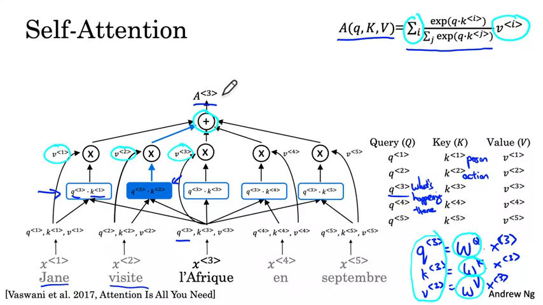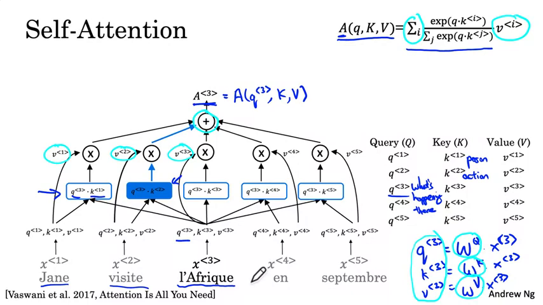So another way to write A3 is really as A, this A up here, of Q3, comma, K, V. But sometimes it'll be more convenient to just write A3 like that. And the key advantage of this representation is that the word L'Afrique isn't some fixed word embedding.